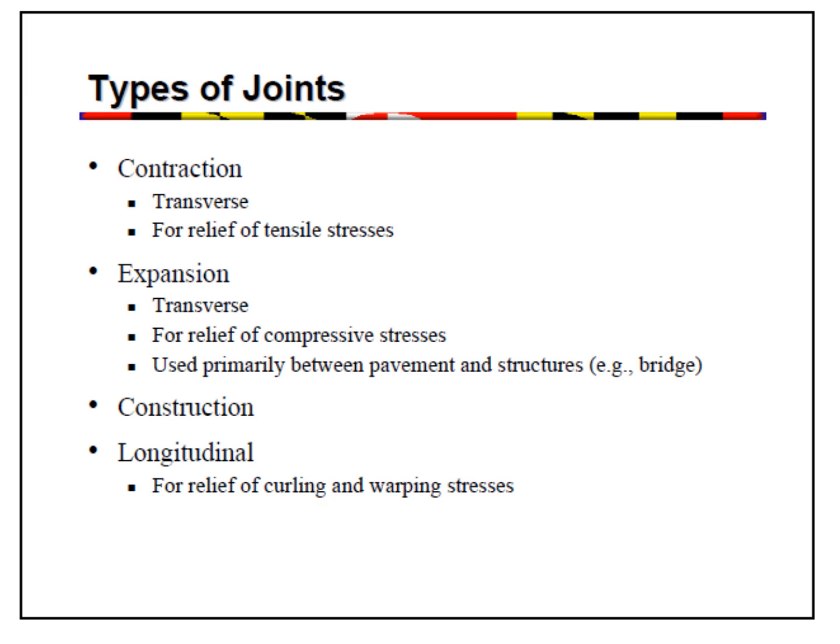Well, if you look at the types of the joints again, contraction joint. Contraction joint is a transverse joint for relief of tensile stresses. Well, the contraction joint is a sawed, formed or tooled groove in a concrete slab that creates a weakened vertical plane.